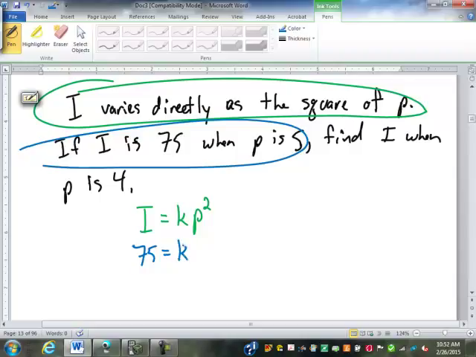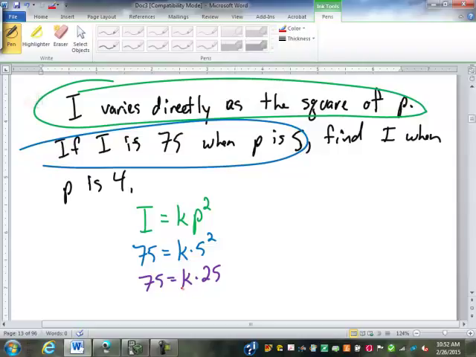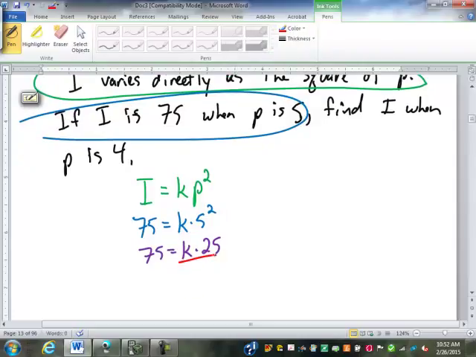Yeah, 75 equals k times 5 squared. So now I've got to do the 5 squared. So 75 equals k times 25. And then dividing by 25 tells us that 3 equals k.